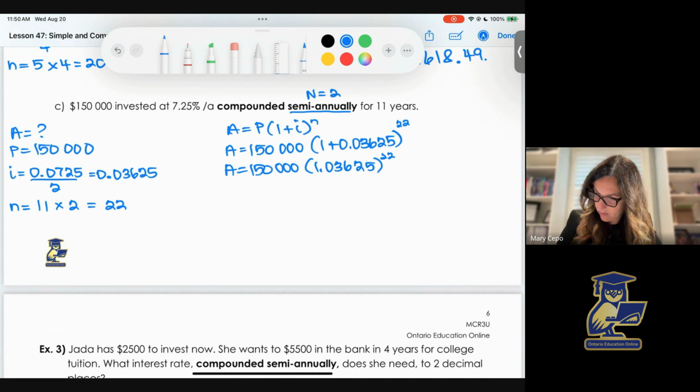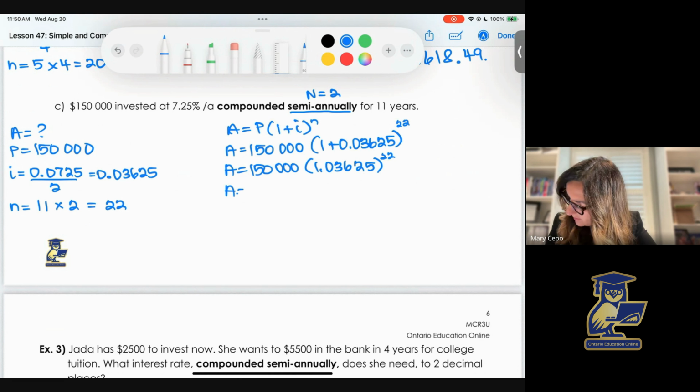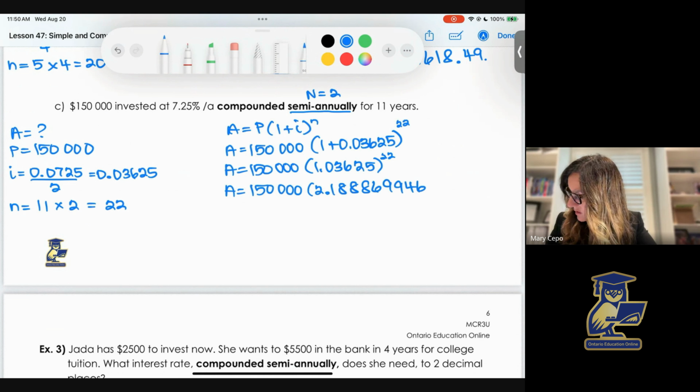Okay, so if we take 1.03625 all to the exponent of 22, we get 2.188869946. Multiply that by 150,000, and we are making a lot of money: $328,330.49.